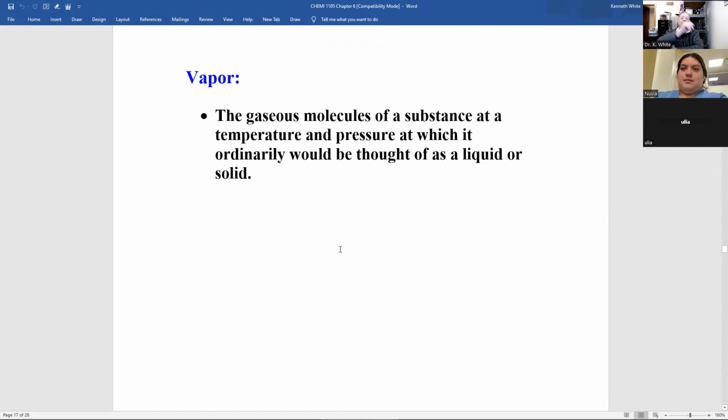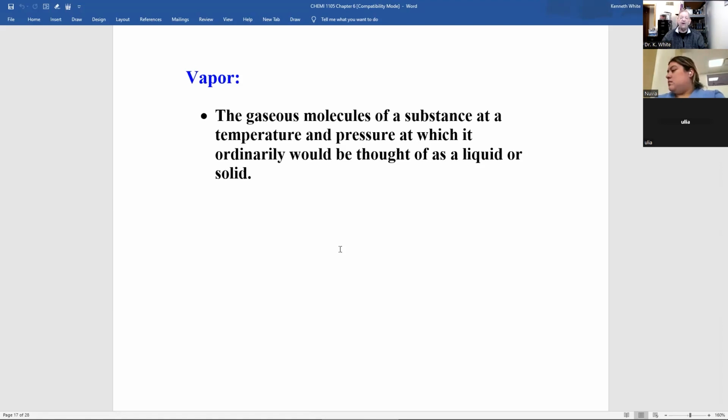All right, now, when we talk about certain compounds in a gas stage, especially water, we call that a vapor. Again, click, switch is off, and the gaseous molecules of a substance at a temperature and pressure at which it would ordinarily be thought of as a liquid or solid.